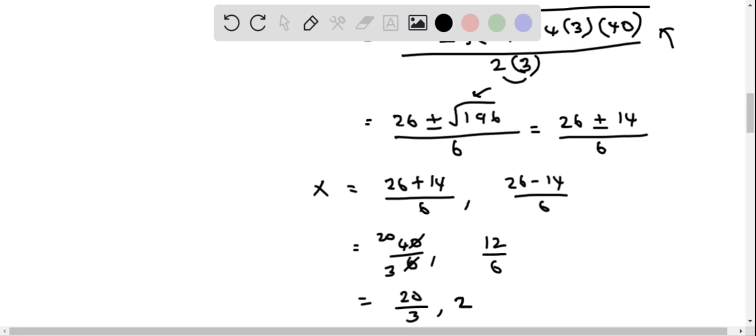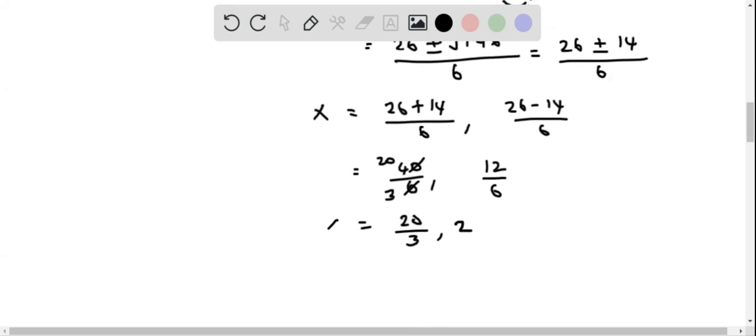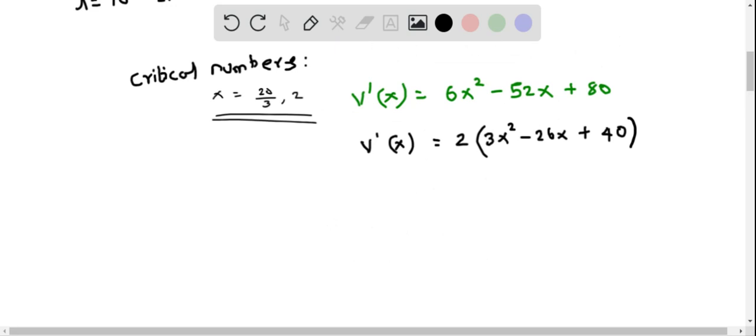So we now have two values of x, that is, we have two critical numbers, and we have to prepare the sign chart so that we can determine at what critical number the volume function is maximum. So now that we have found the critical numbers, we can prepare the sign chart for the v prime of x.